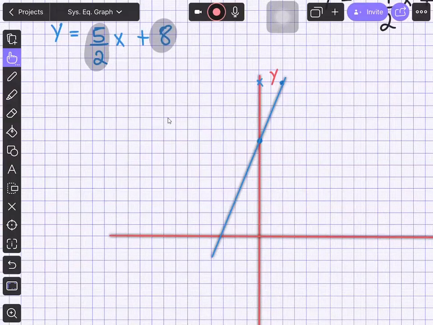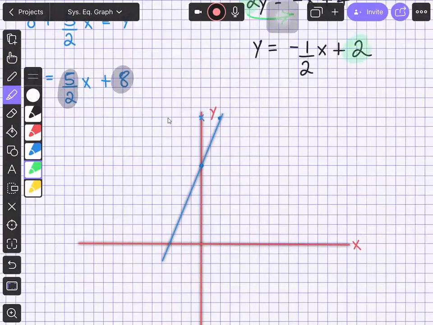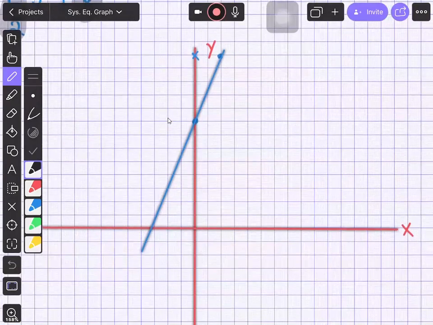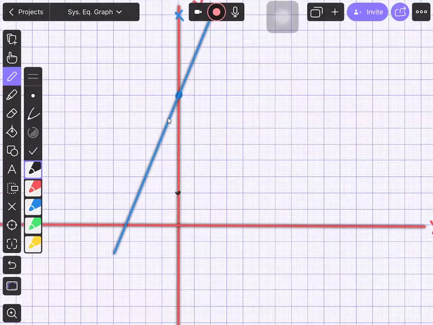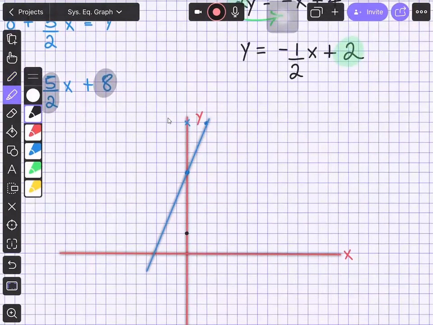Now we're going to do exactly the same thing for the black line. And the black line, the intercept occurs at 0,2. So let's look for that point. All right, here it is. And then the second point comes from the slope.